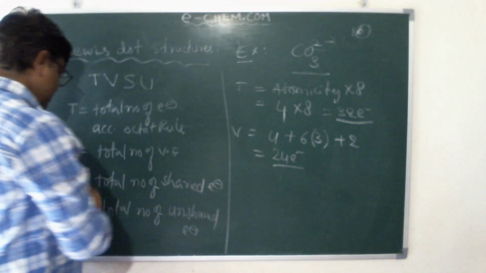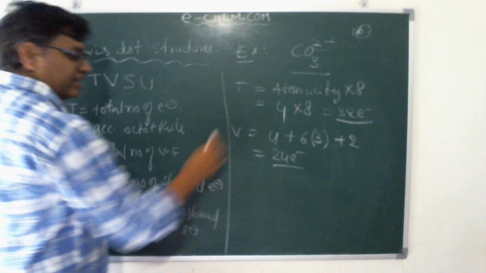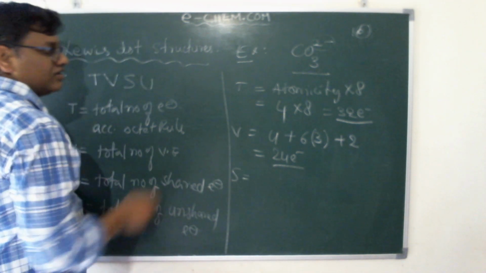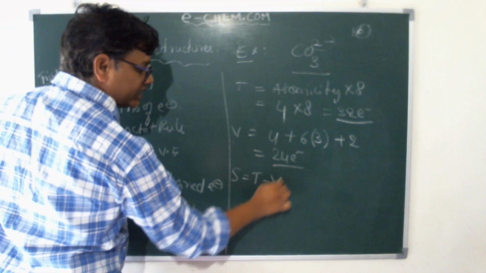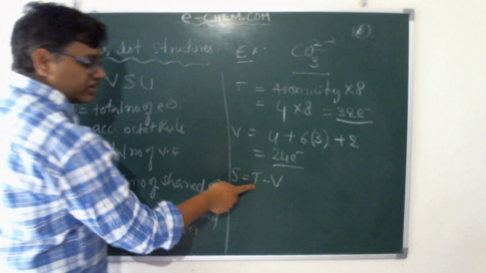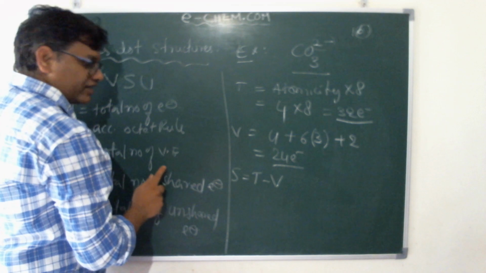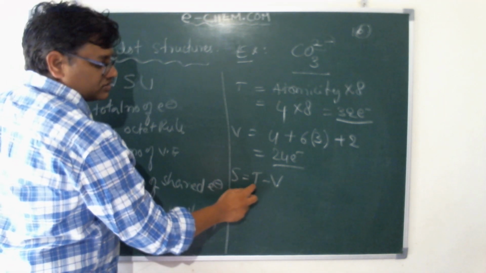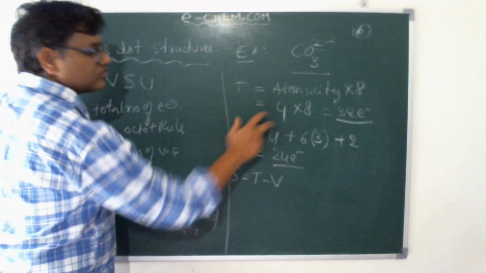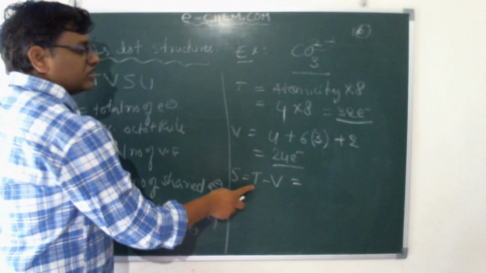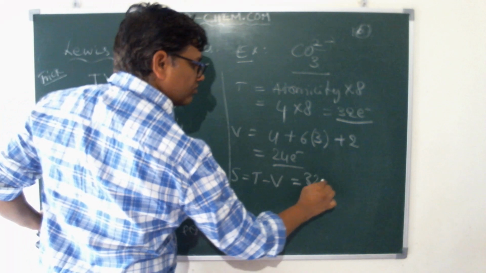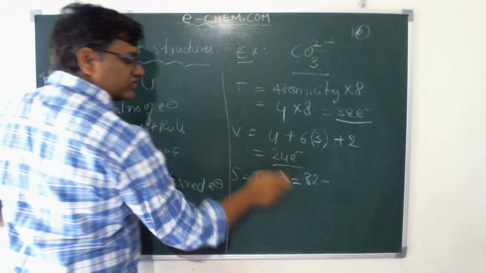Yes. Now let's go for finding S. To find S, V needs to be subtracted from T. So T minus V, from the total electrons according to octet rule, these valence electrons will be subtracted. So total number of electrons we got 32 minus valence electrons we got 24.